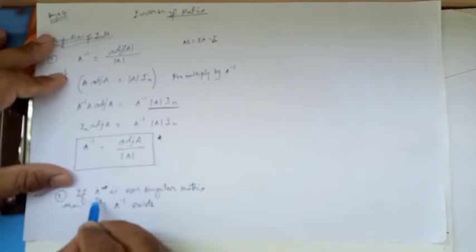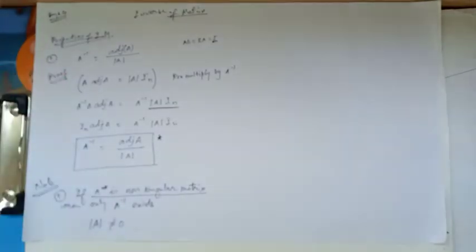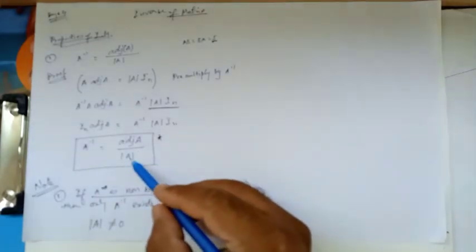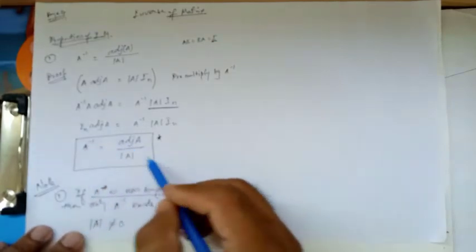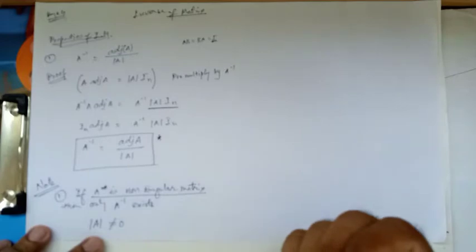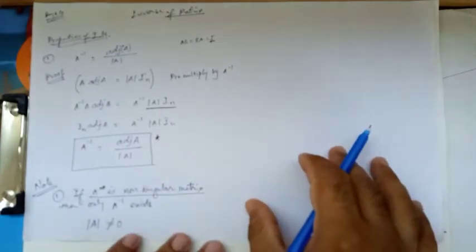A non-singular matrix means the determinant of A should not equal 0. It should be a value other than 0. Then only we can find the A inverse. Why? Because if this goes to 0, then it is not defined. That's why it is very important that the determinant of A should be any value other than 0.